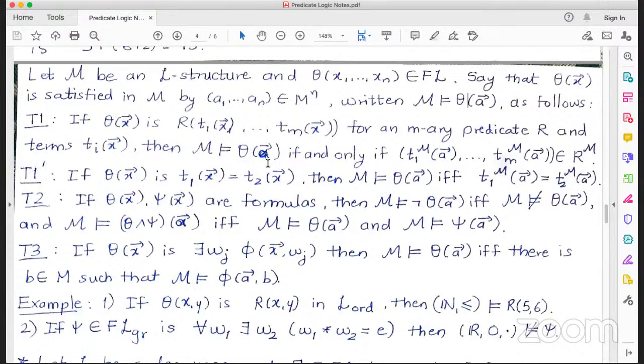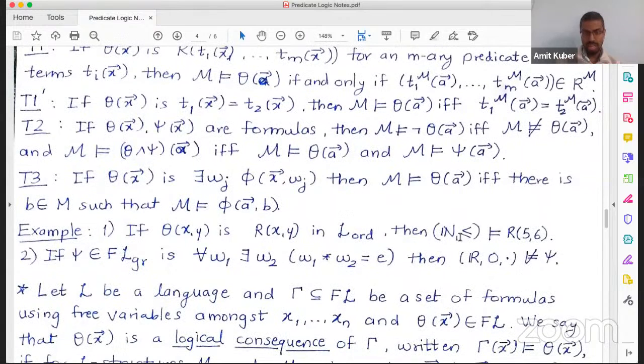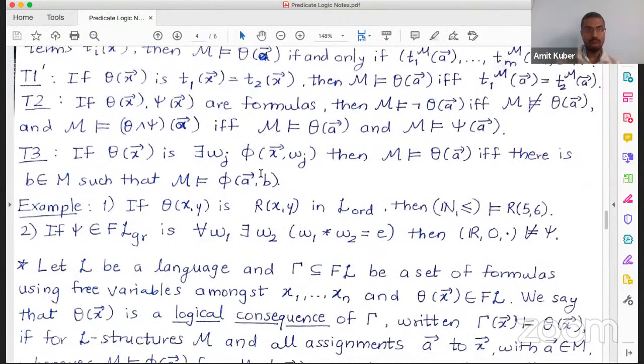This example will help. If the formula is just Rxy, then you have to assign some values. You cannot say that the formula Rxy is true in the natural numbers. The question is, what are X and Y? You have to answer that by assigning some values to X and Y, like X is 5, Y is 6.